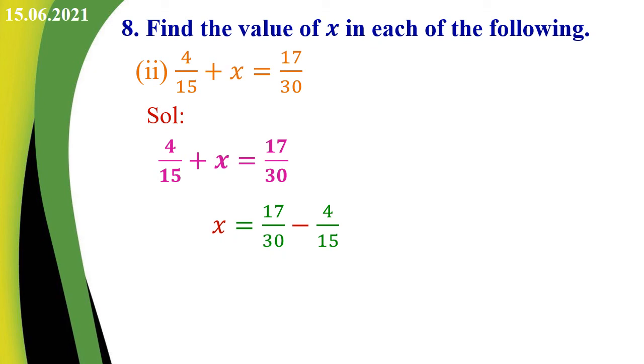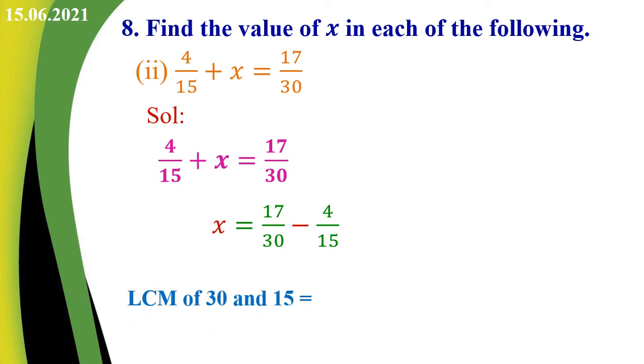So x equal to 17 by 30 minus 4 by 15. 4 by 15 is transposed to the RHS. Left hand side positive, transposed to right hand side becomes negative. So x equal to 17 by 30 minus 4 by 15.